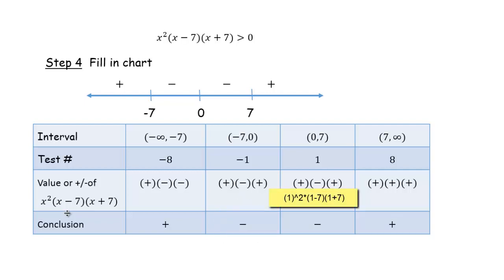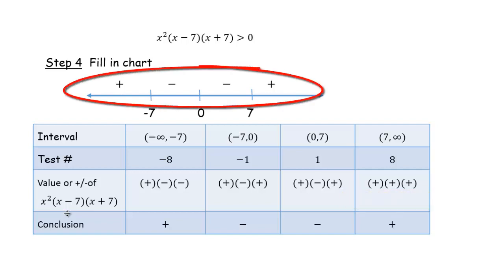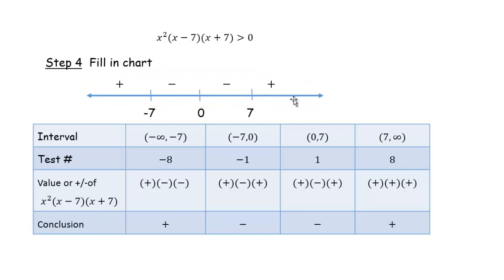I'll get a positive. 1 squared is positive. 1 minus 7 is a negative number, and 1 plus 7 is a positive number. So again, I have a minus and 2 pluses. The product is negative. And finally, if I plug 8 in, I get positive, positive, and positive, giving me a positive. I then take those pluses and minuses and I put them on my number line over the correct interval. So a plus here, a minus here, a minus here, and a plus here.